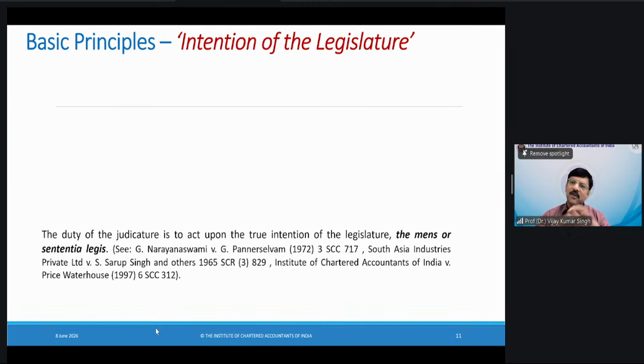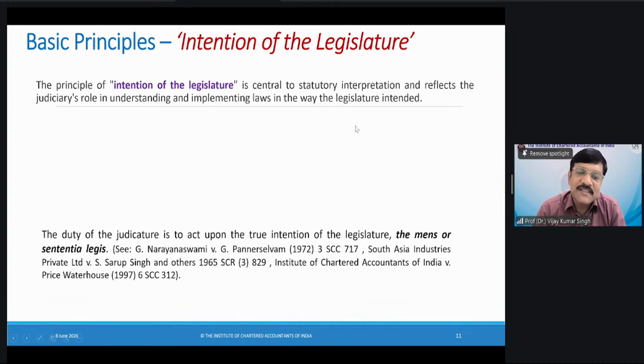The preamble tells you the reason why the law is coming, what is the necessity. Further, the provision itself, if you read it carefully, tells you the reason for having it. And if it doesn't tell, then you interpret and try to find a meaning out of it.